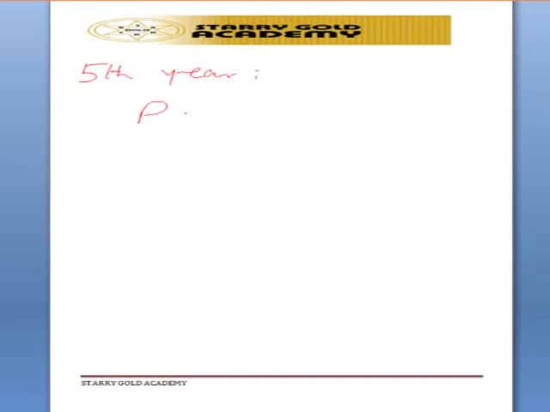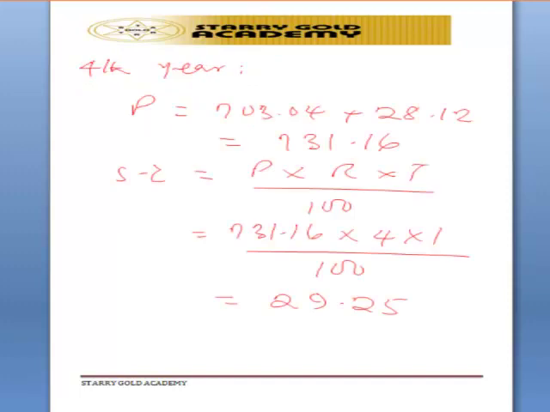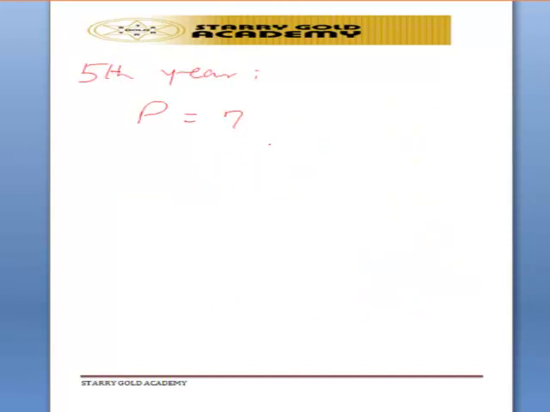My fifth year, principal will now give me what? What did I get there? Principal will now give me 731.16 plus 29.25.